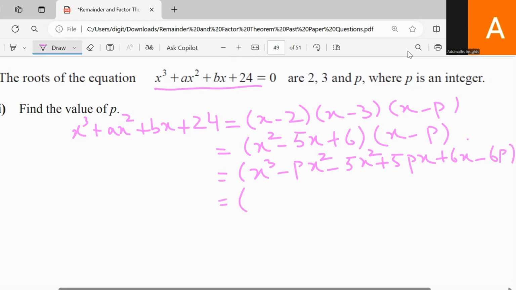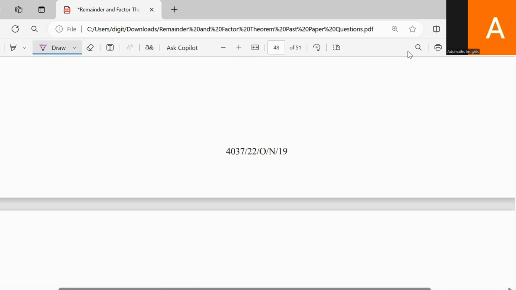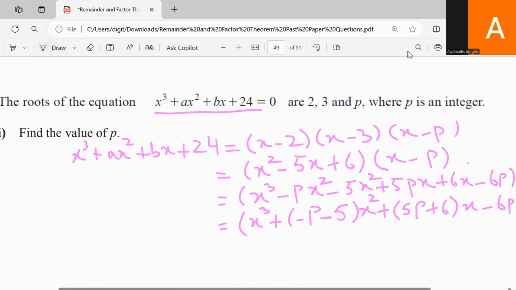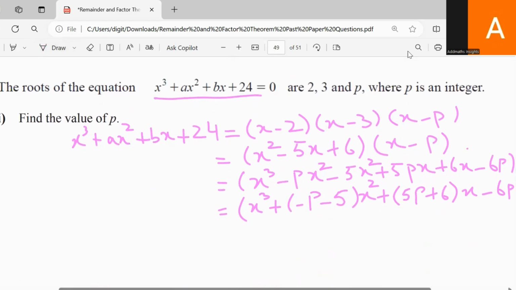Now you can combine like terms and write minus p minus 5 x squared plus 5p plus 6 x minus 6p. Now you can compare both sides of the equation.